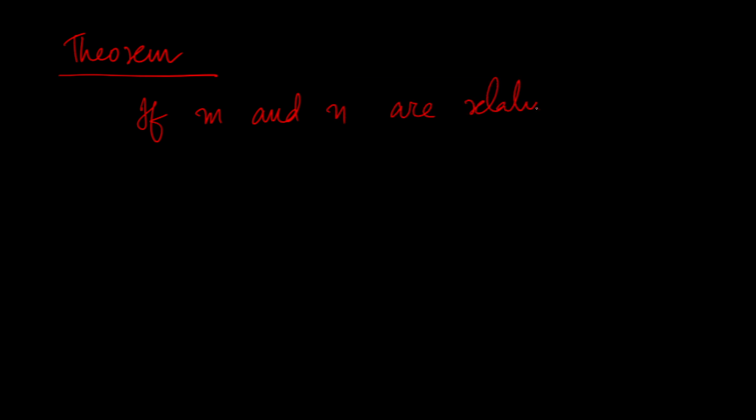First, we will consider a theorem regarding Euler's phi function. If m and n are relatively prime, then phi of mn is equal to phi of m into phi of n.